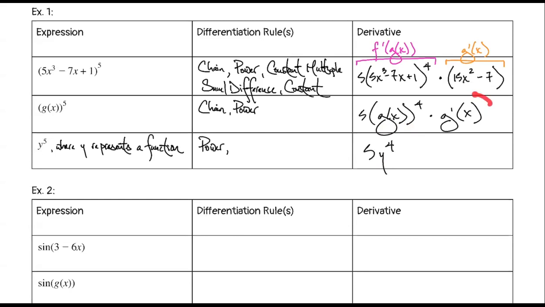But then, just like we had to compensate for g prime of x, that derivative of the inside, we also need to compensate for the derivative of y, okay? So here, we're gonna say power and chain because our y represents a function, okay?